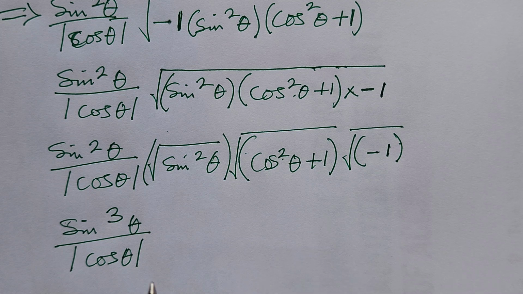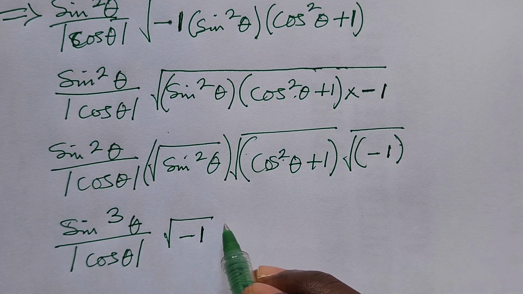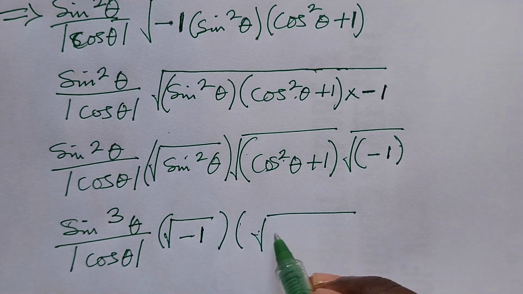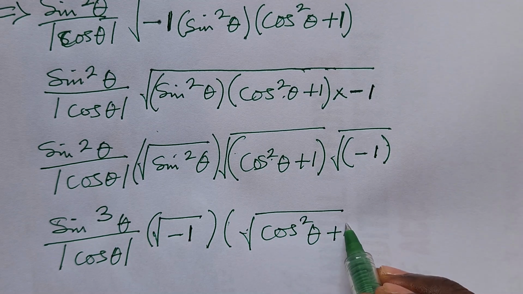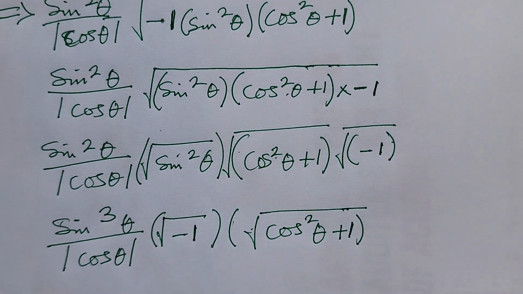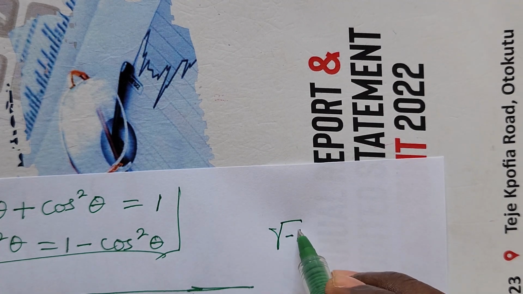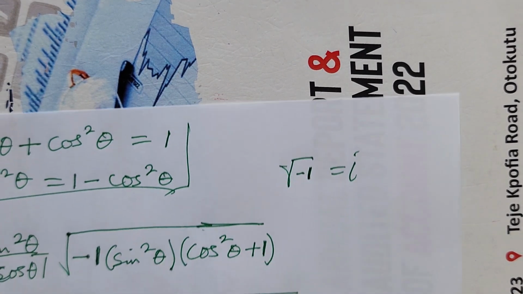So let's bring this up first. We have here this of minus 1 into, put this in bracket, this of cos square theta plus 1, close bracket. Now recall that the square root of minus 1 is equal to i, imaginary, which is iota.